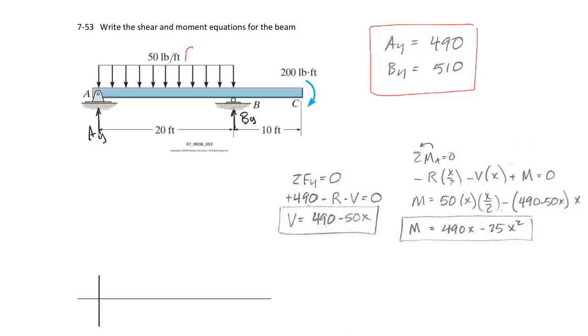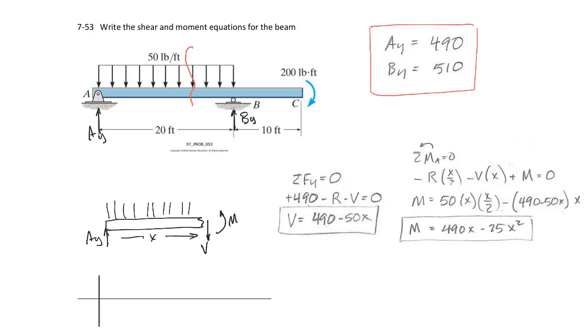All right, what I want to do is write an equation for something that happens between A and B. So let's draw a little free body diagram of that section. It's got distributed force. It's got AY, positive shear, and positive moment.